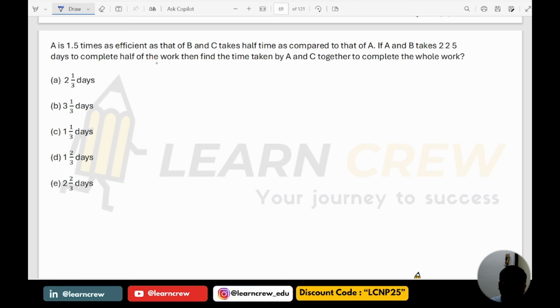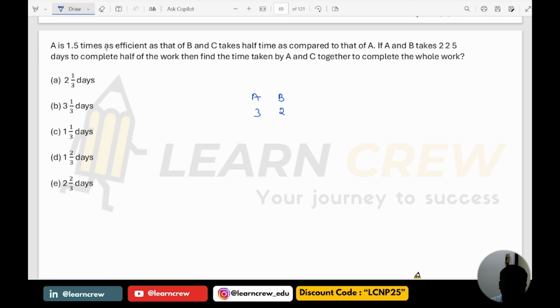A is 1.5 times as efficient as B. So the ratio of the efficiencies, A is 1.5 times, means if it is 2, it is 3.